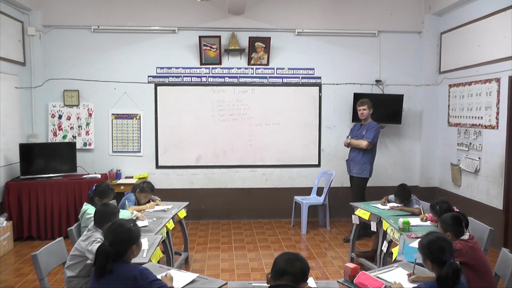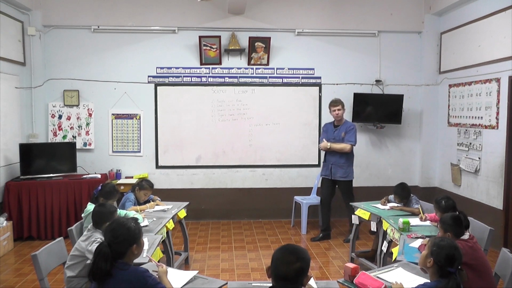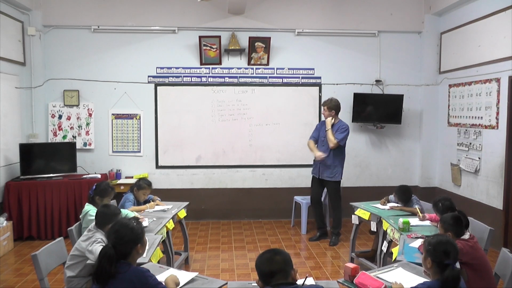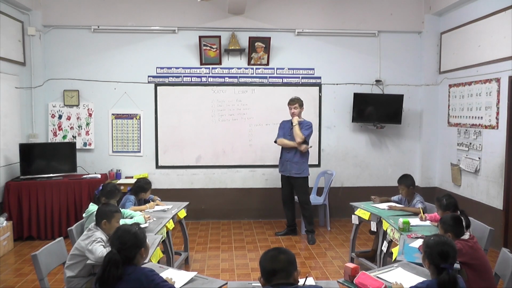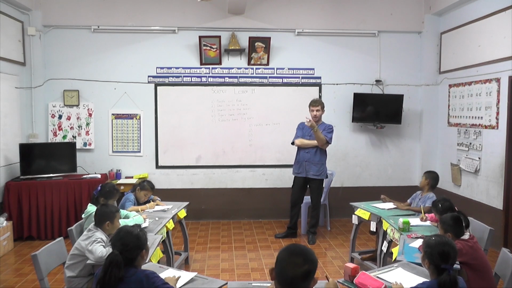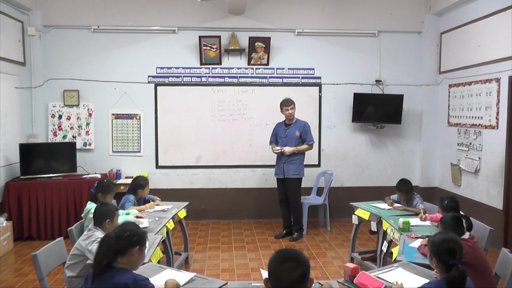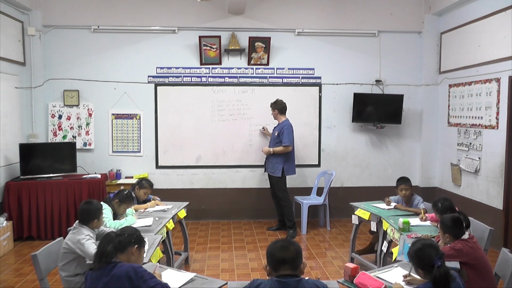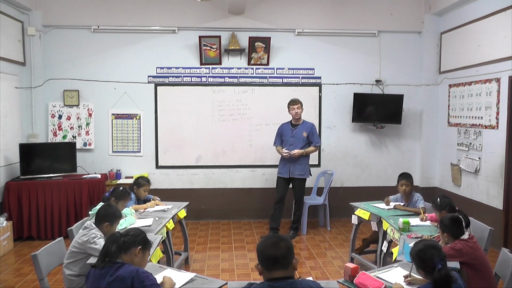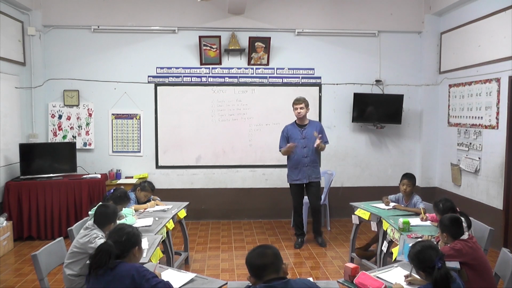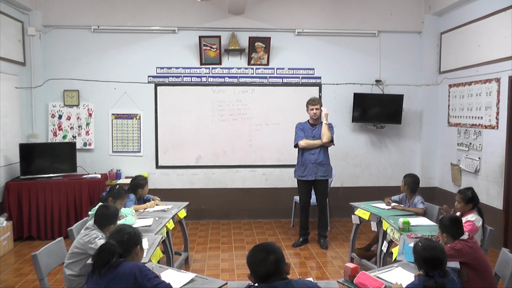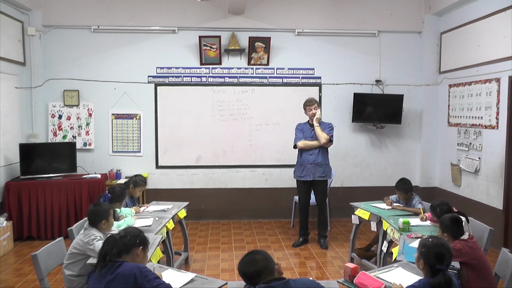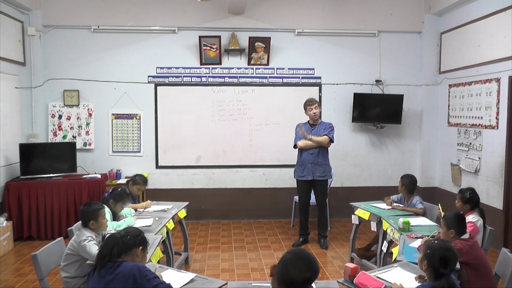Any other non-living things? Tree is a living thing, believe it. Car, okay, car. Car doesn't live. What do we know about cars? Cars are big or cars are small?